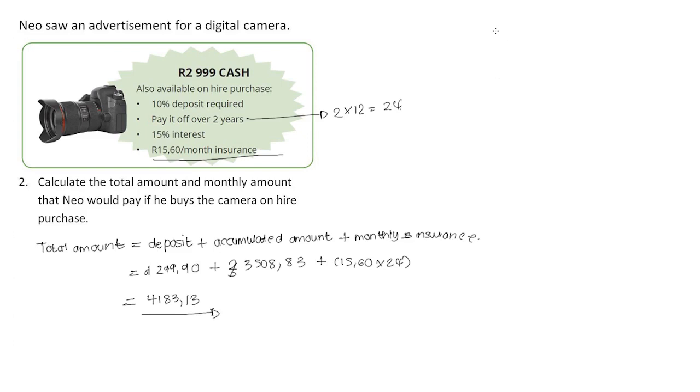The second part of the question asks us to calculate Neo's monthly amount that he would be required to pay.